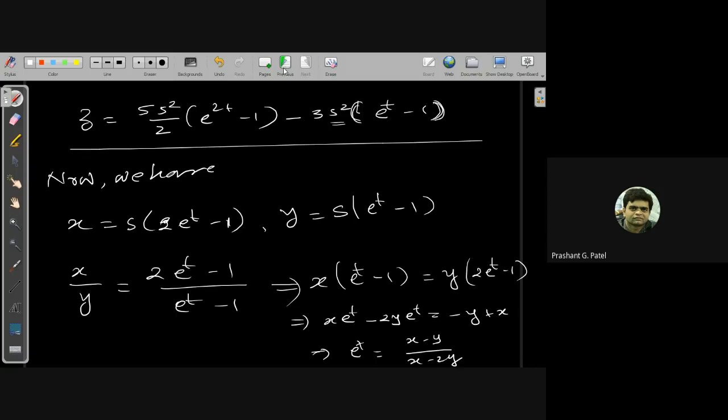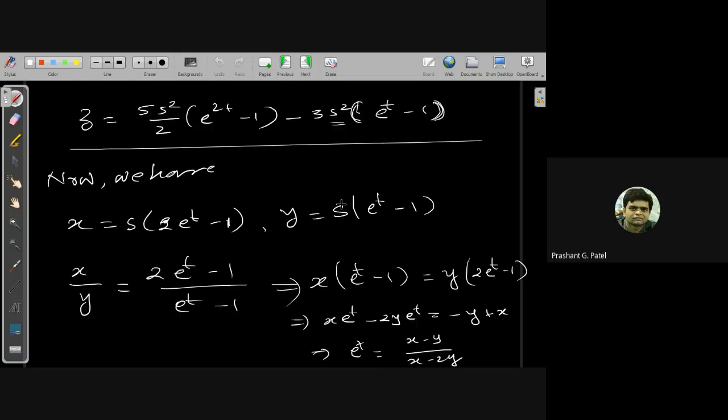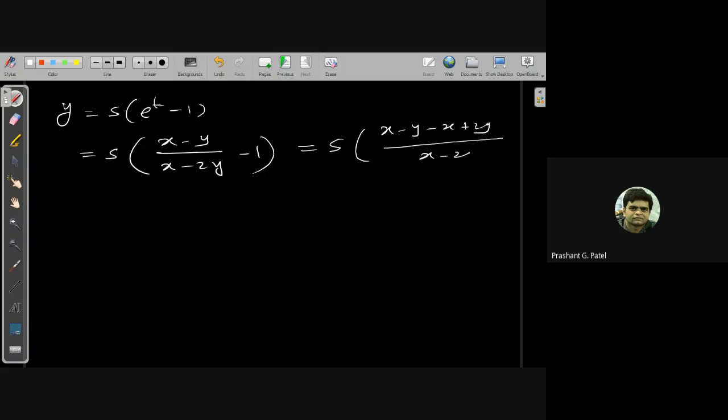So now we have y equal to s (e power t minus 1). We have got the value of e power t, so that is s into ((x minus y) upon (x minus 2y) minus 1). That is s into (x minus y minus x plus 2y) upon (x minus 2y).